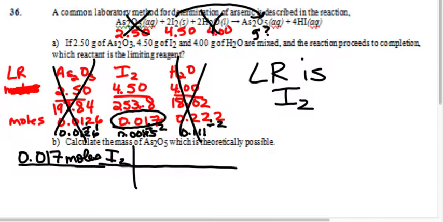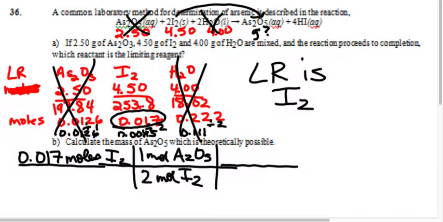For every 2 moles of I2, I have 1 mole of As2O5. And then I got to get to grams. So for every 1 mole of As2O5, I have a molar mass of 229.84 grams.